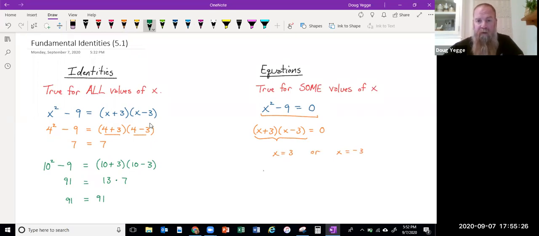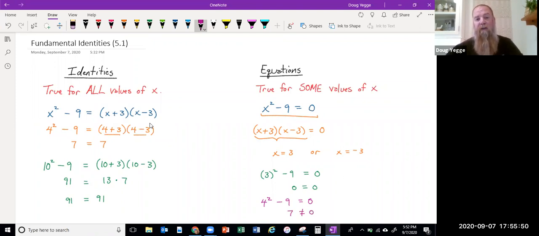For instance, if I plug in 3, 3 squared minus 9, or 9 minus 9, is in fact 0. So that works. But if I were to take a look at this by plugging in 4, let's say, we see 4 squared minus 9 equals 0. 16 minus 9 is 7. 7 does not equal 0.